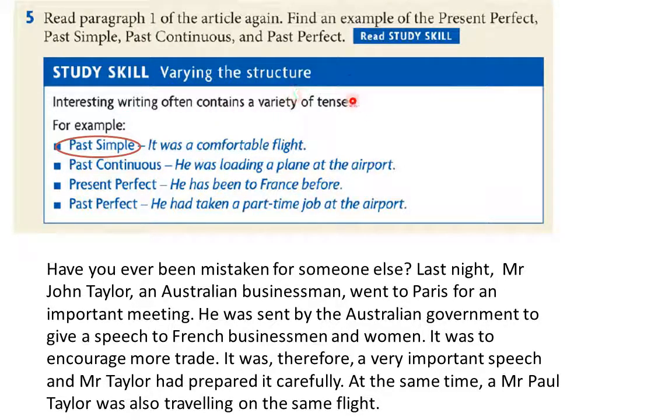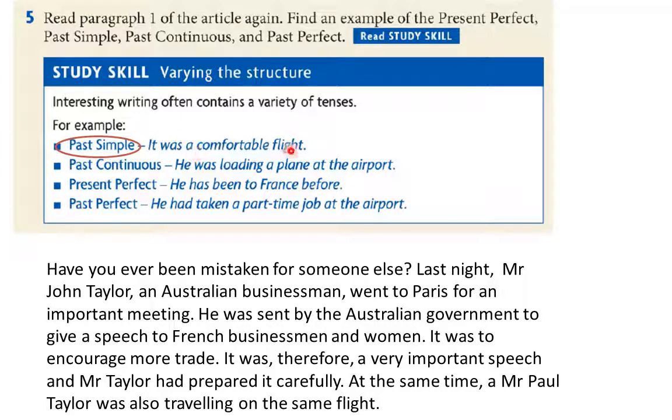So, here, when we talk about varying the structure, it means that we are talking about the variety of tenses. And as you know, in English, there are about 12 different tenses. For example, past simple: it was a comfortable flight.